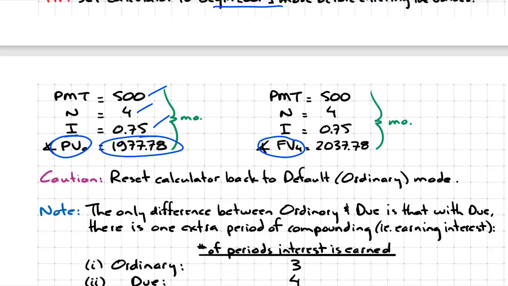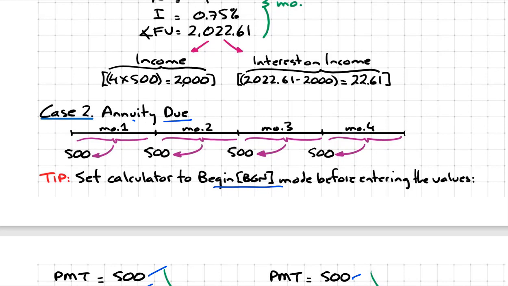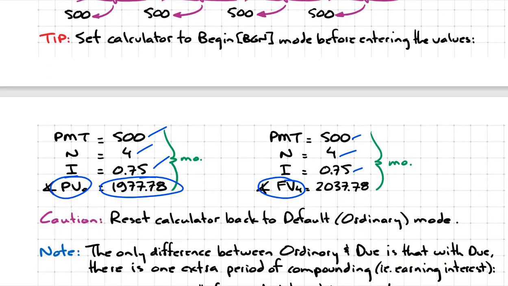And alternatively, if you want to calculate the future value, again, you enter the same values, and now you calculate future value. But again, the calculator's doing the work for you. The calculator is already taking into account that the $500 are occurring at the beginning of the period rather than the end of the period. So you don't have to do any manual adjustment yourself.